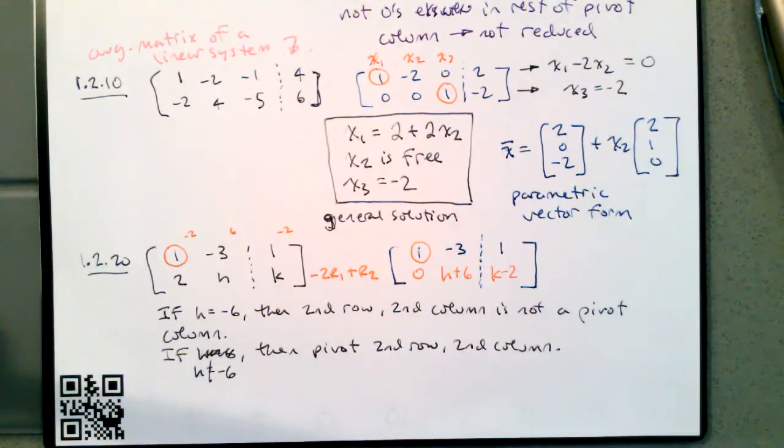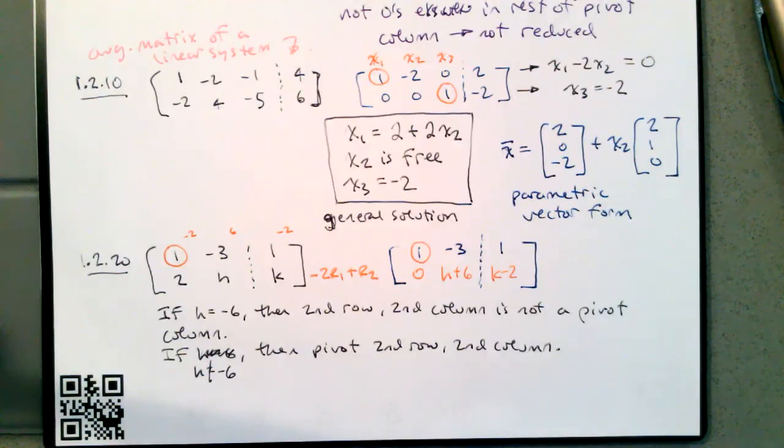Any questions? Sorry, just for the clarification, just for myself, I just want to see if I'm right or not. So if h equals -6, we have two options because we get the 0 for that part. So the next column for the k, it could be 0 or a number.